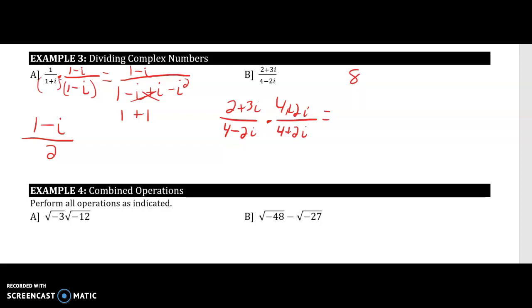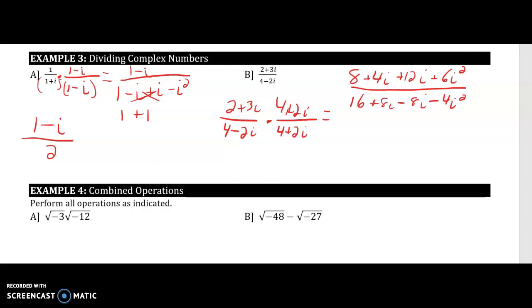And again, if you need to write parentheses, you can. 8 plus 4i plus 12i plus 6i squared. We'll simplify here in a minute. On the bottom, you're going to get 16 plus 8i minus 8i minus 4i squared. So we've got some simplifying to do.